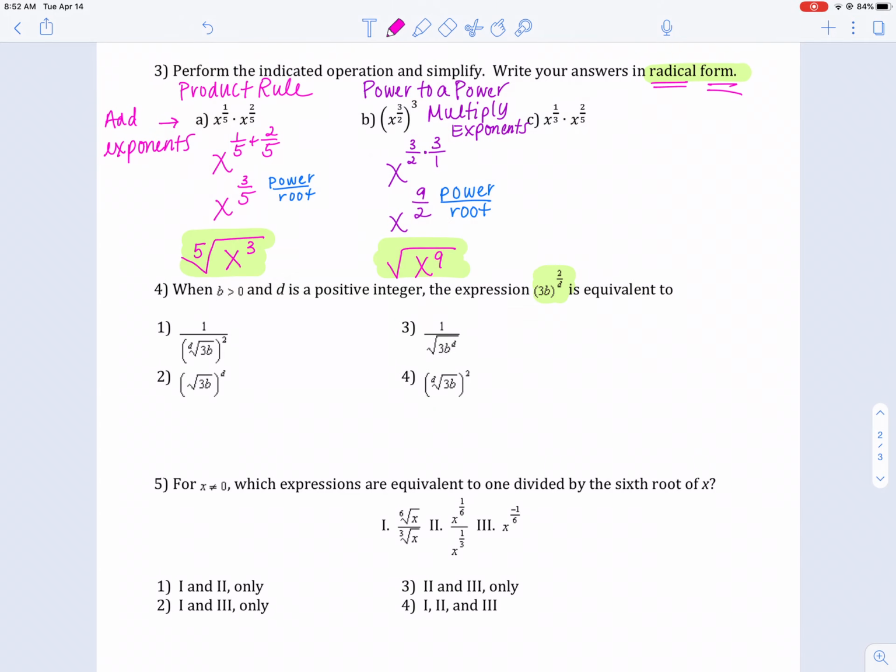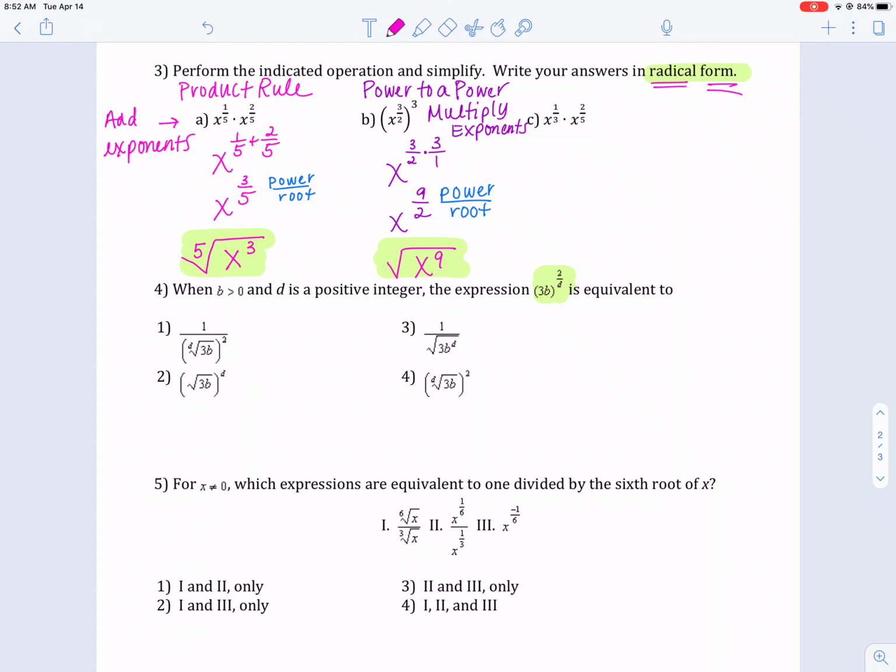Everybody take a look at your choices 1 and 3. Does everybody notice that 1 and 3 is 1 over? Does anybody know when your answer would be 1 over the D root of 3B squared, or 1 over the square root of 3B to the D?